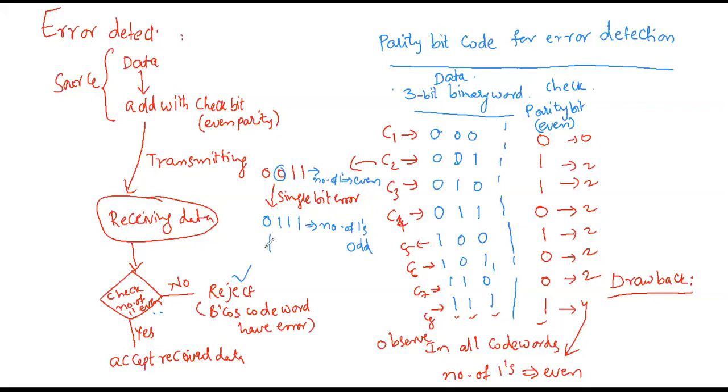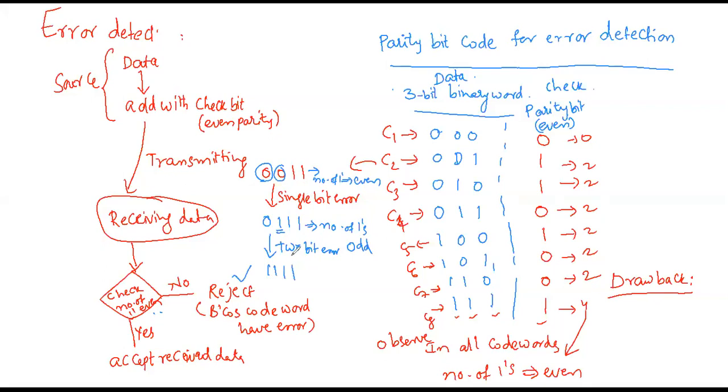But if we have one more bit error, consider a 2-bit error. Okay, single bit error means we corrected this. There is one more bit error also there. Consider 1, 1, 1, 1.